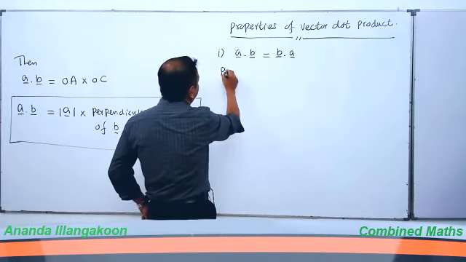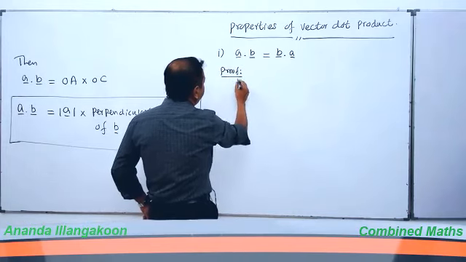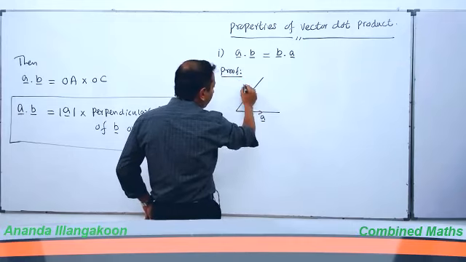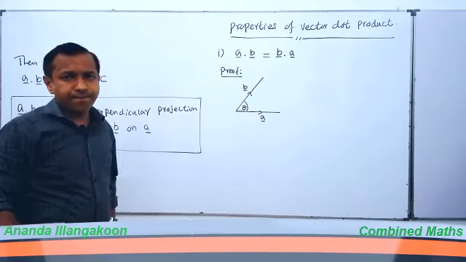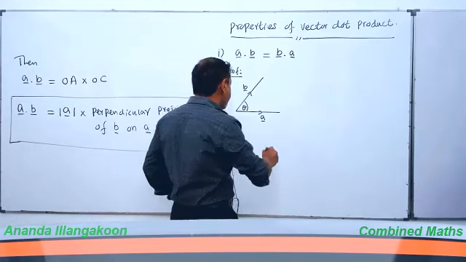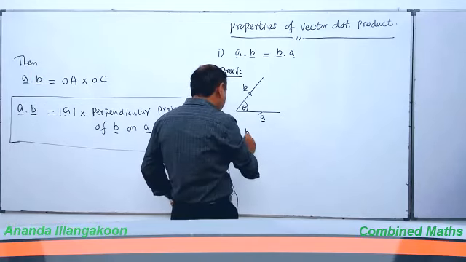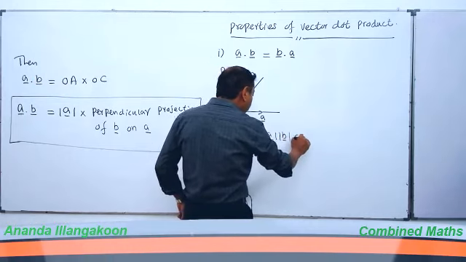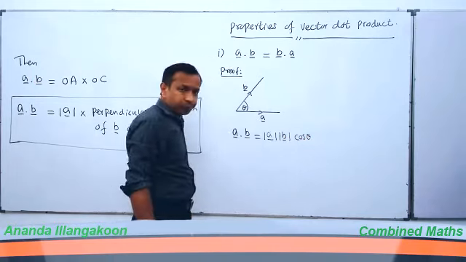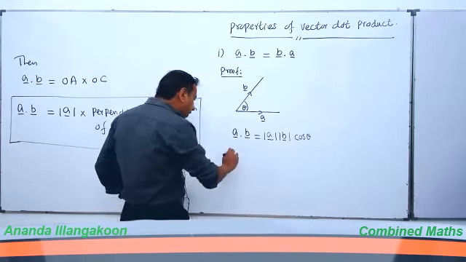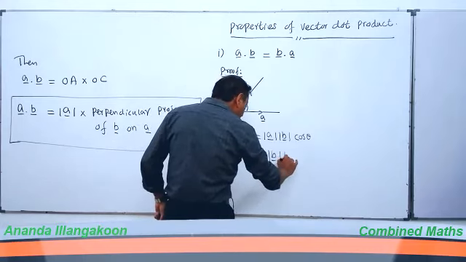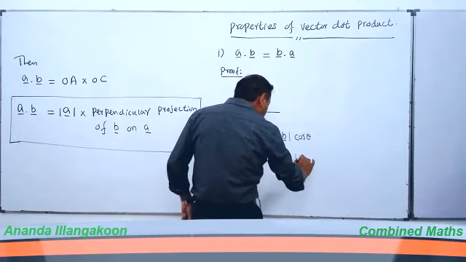You can write the proof like this. Suppose this is our vector A, this is our vector B, this is theta. How to write A dot B, people? A dot B is equal to modulus of A, modulus of B, cos theta. B dot A is modulus of B times modulus of A, again cos theta.